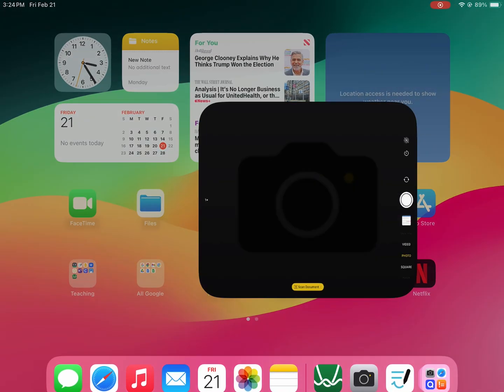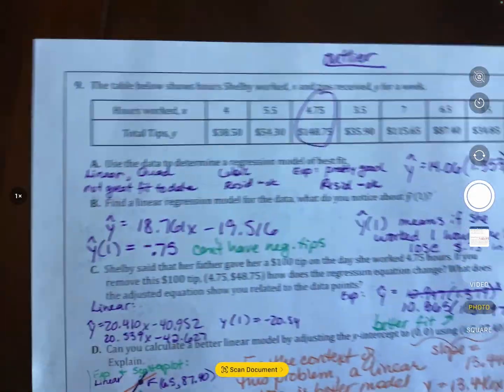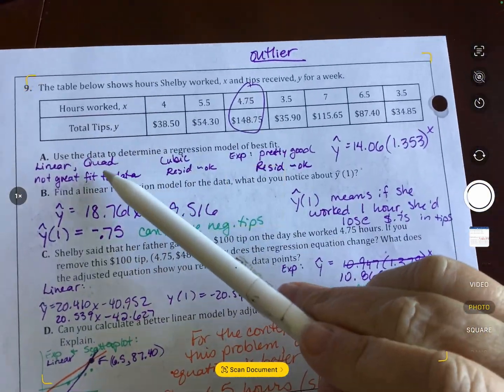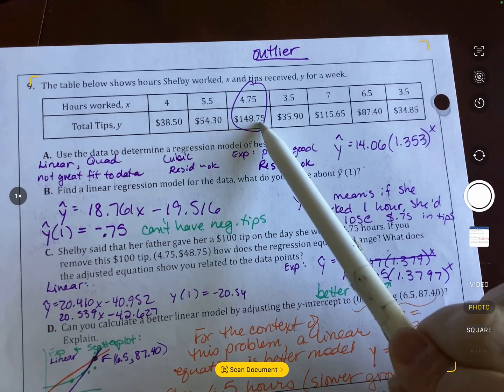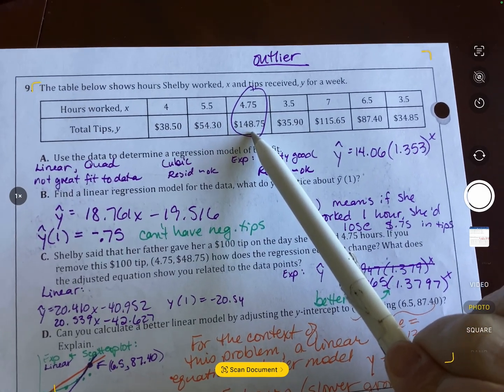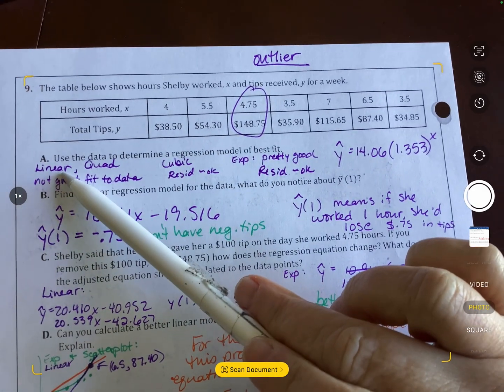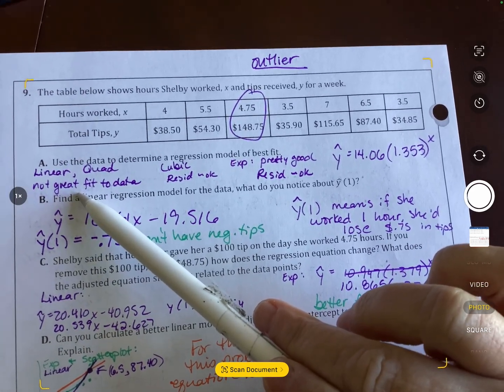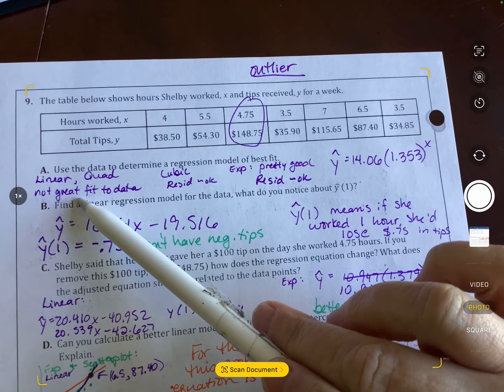It's just easier that way, because I can just talk about it and then show you with my calculator what I need to do, what you would need to do. All right, so I put all that in, including this number, and I did stat calc 4 for linear, and I looked at the scatter plot to see if it fit, and I said it wasn't a great fit.